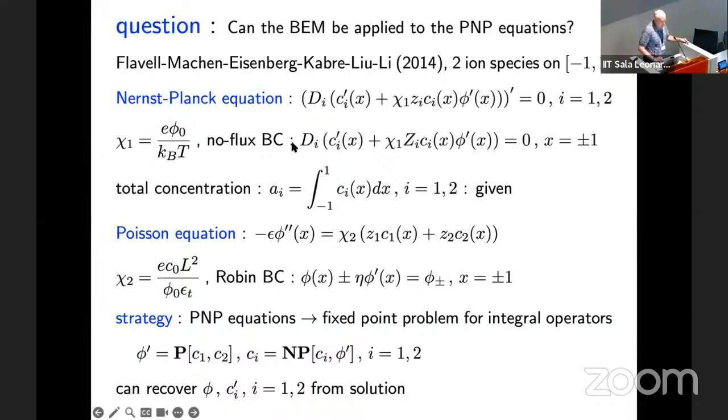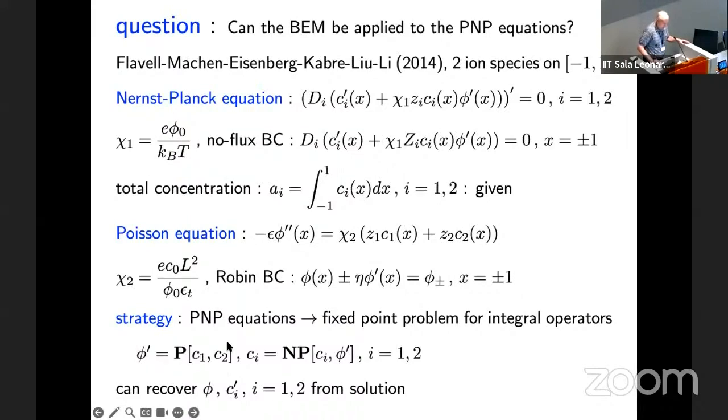But we can also view the Nernst-Planck equation as a Poisson equation, if you know the concentration and the potential gradient. It has a second derivative; if you bring everything to the right-hand side and keep the second derivative on the left, it's like a Poisson equation. So in a nutshell, that's the strategy to determine these two integral operators.